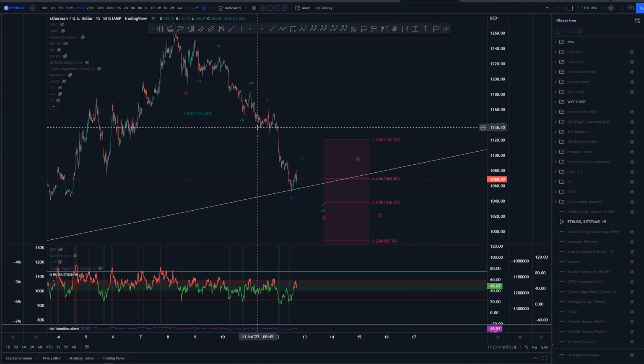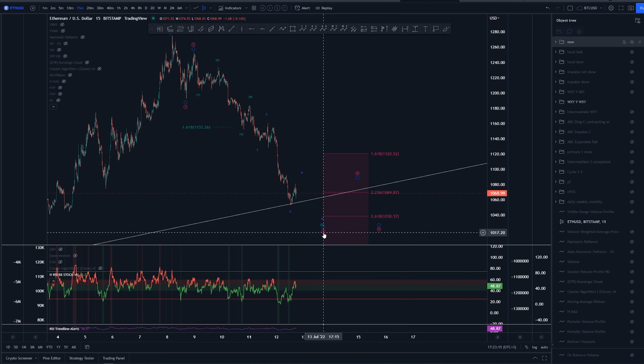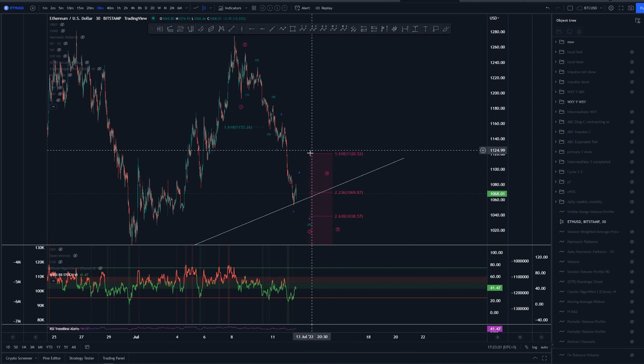I don't want to be calling this a fifth as of yet, because at that point we would have the higher time frame third there, and if we look at a bit higher time frame, the third or lowest RSI is right here.